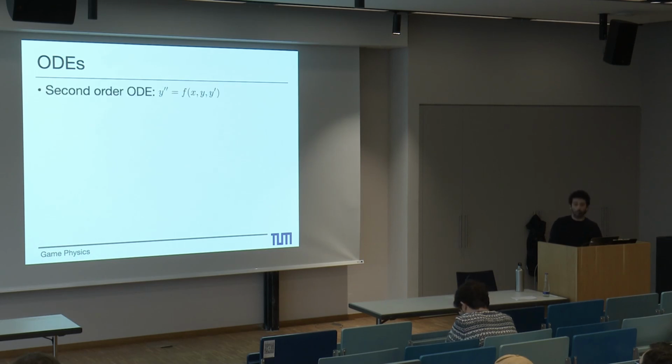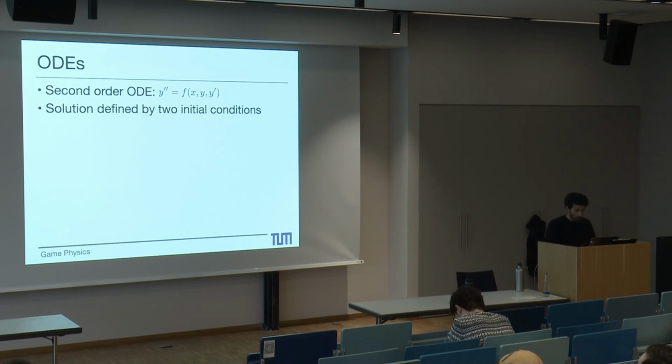Now we switch to a second order ODE, which is the case that we were looking at before. Second order means that, from a physical perspective, we are considering the acceleration. And for defining the solution in this case, we need two initial conditions, not only one.